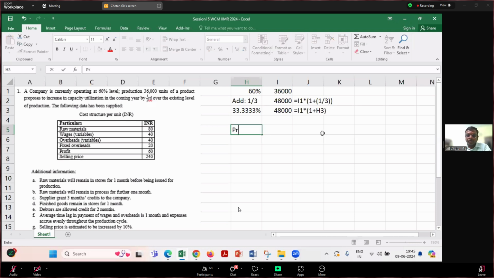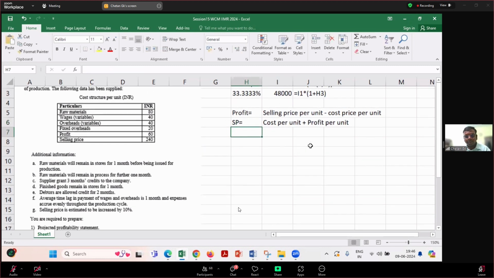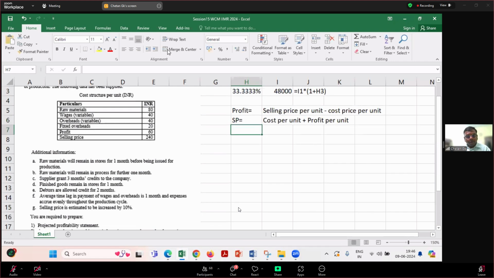So profit is equal to selling price per unit minus cost price per unit. How do we get the selling price? SP stands for selling price. Cost per unit plus profit per unit gives you the selling price per unit. These are very commonsensical things, in other words.